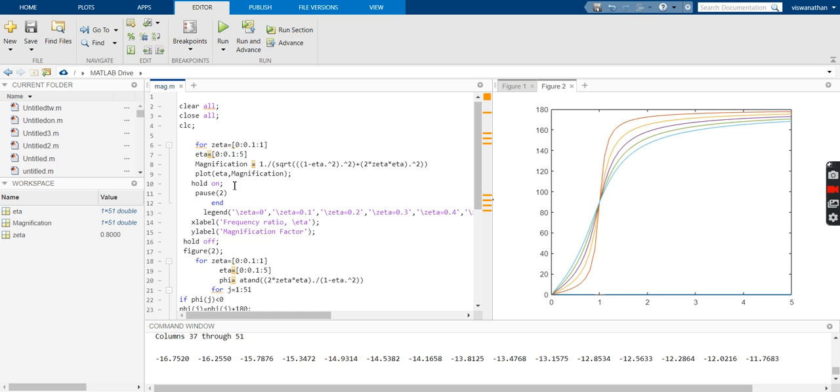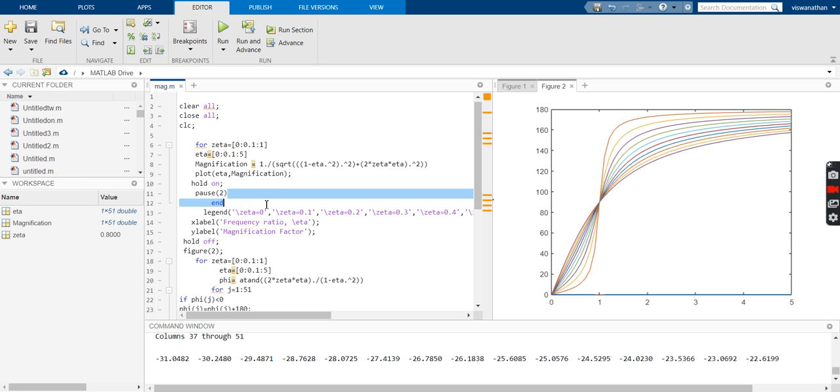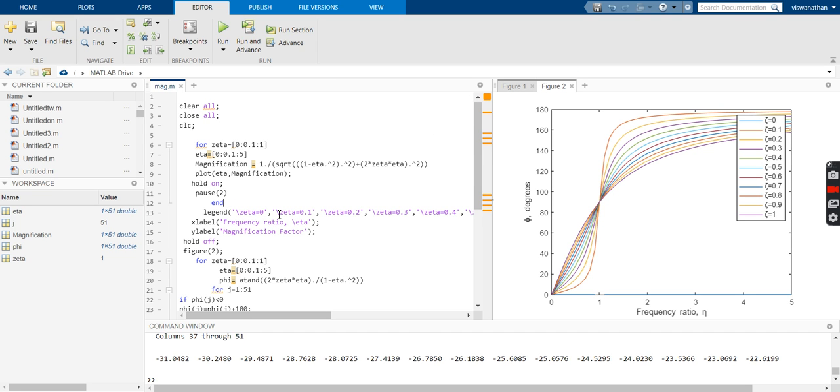The hold on, as I told you, is used to plot in the same graph, and pause just pauses for each zeta value. Then you can use the legend to identify which curve is for what zeta value, and the x label is for labeling the x-axis and y label is for labeling the y-axis.